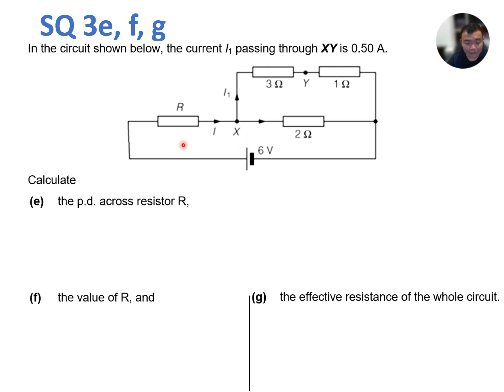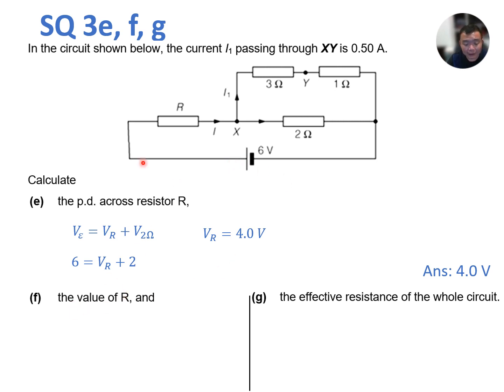Therefore, we can use this voltage equation for series circuit to get our answer to part E, that the voltage across our resistor R is 4 volts. So 4 volts plus 2 volts gets us 6 volts EMF value.